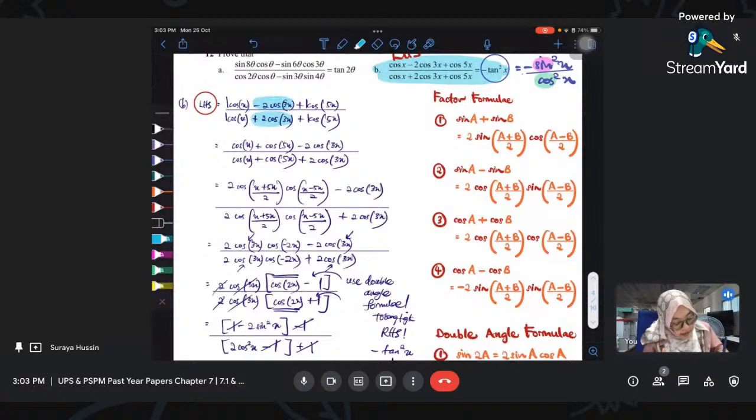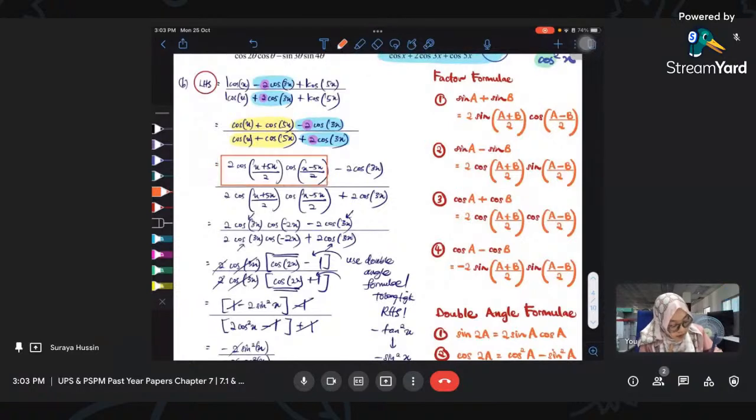If you realize that I put it at the back because dia ada nombor 2. I put it at the back because I know I can apply this from sum to product punya formula, factor formula. So this is it.